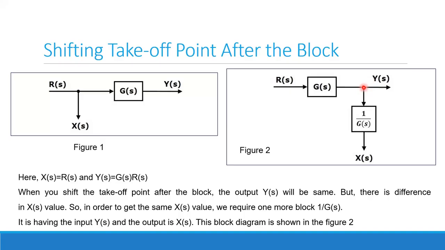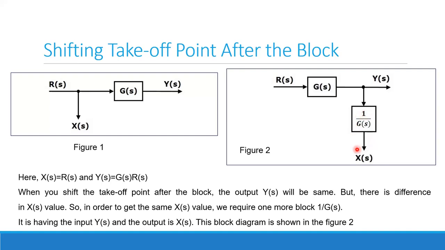Okay, now to make it again X(s), if you want to make it again R(s), what we need to do here is we need to divide the signal by G(s), and to divide this signal by G(s) we need to add one block whose transfer function is 1 by G(s).